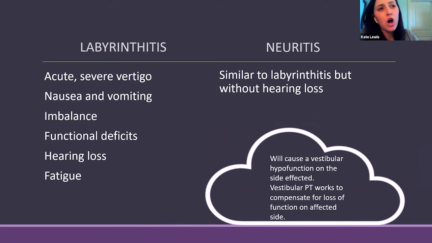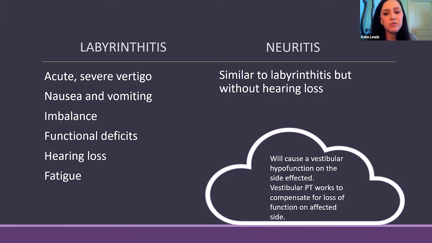It can be caused by a number of things. Currently, we don't have a good handle on what causes labyrinthitis or neuritis, except maybe an upper respiratory infection. I've had individuals present to my clinic who got it post-COVID, which was really interesting.